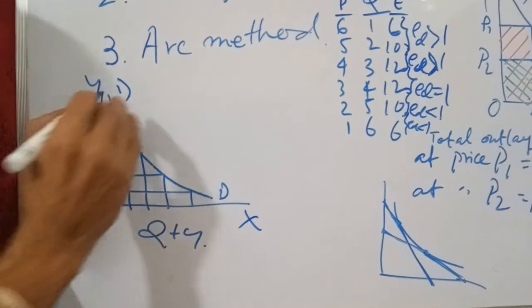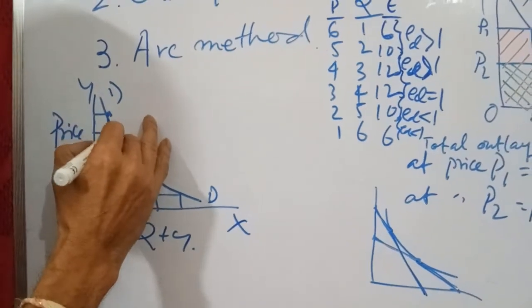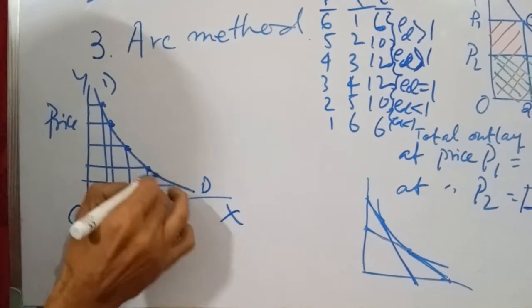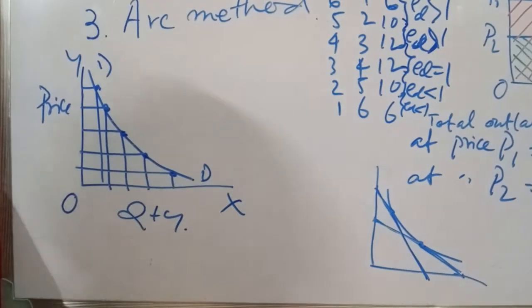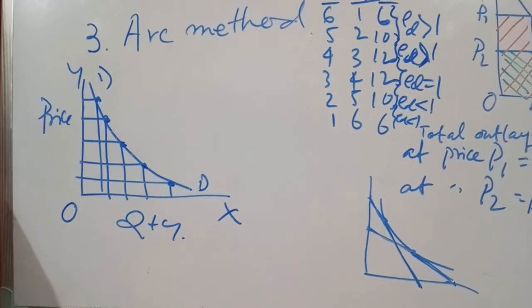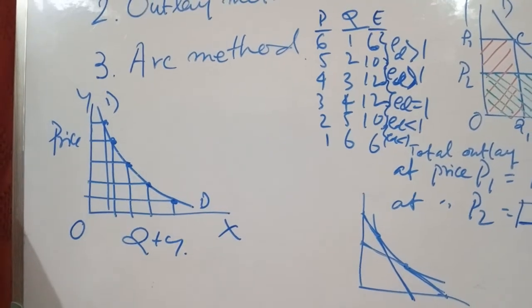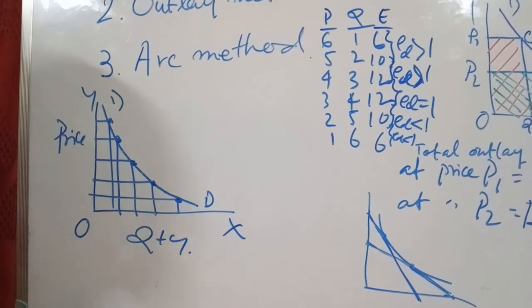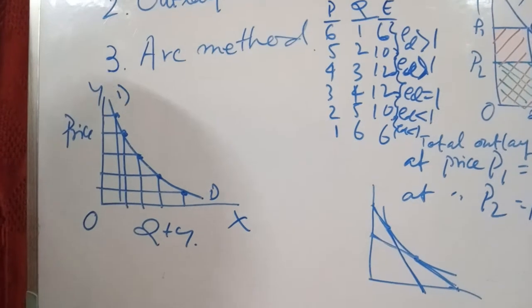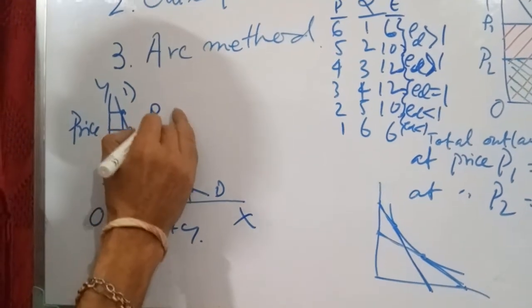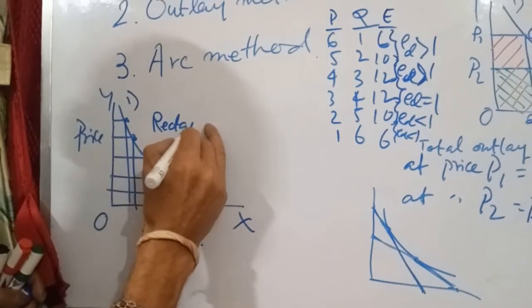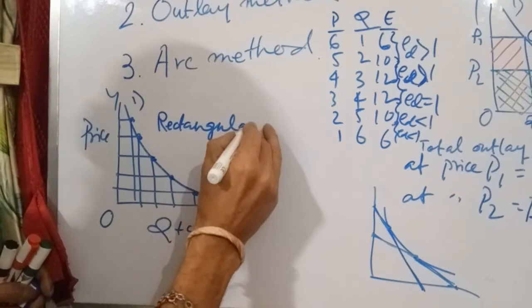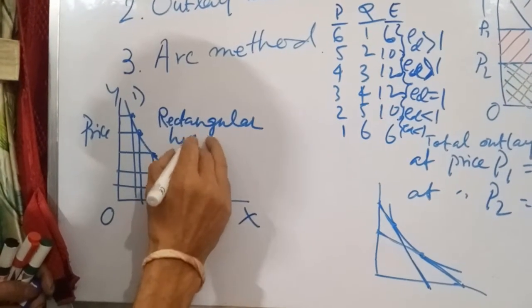This means elasticities at all these points are same. So when the demand curve is rectangular hyperbola, elasticities at all the points on the demand curve remain same. This is rectangular hyperbola.